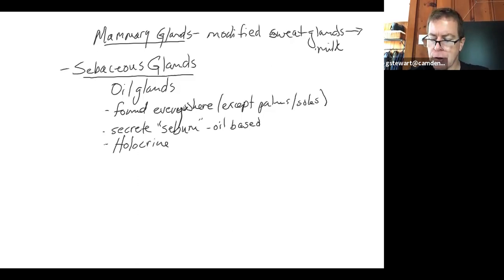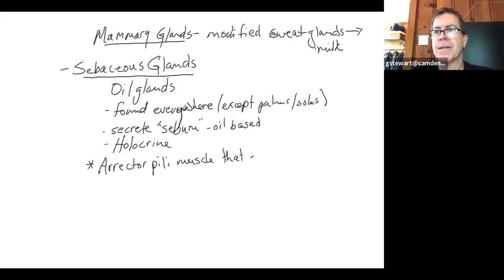So the cells are destroyed during secretion, and the remnants of the secretory cells are actually released with the secretion itself. There's a smooth muscle called an erector pili muscle that assists in the secretion process.